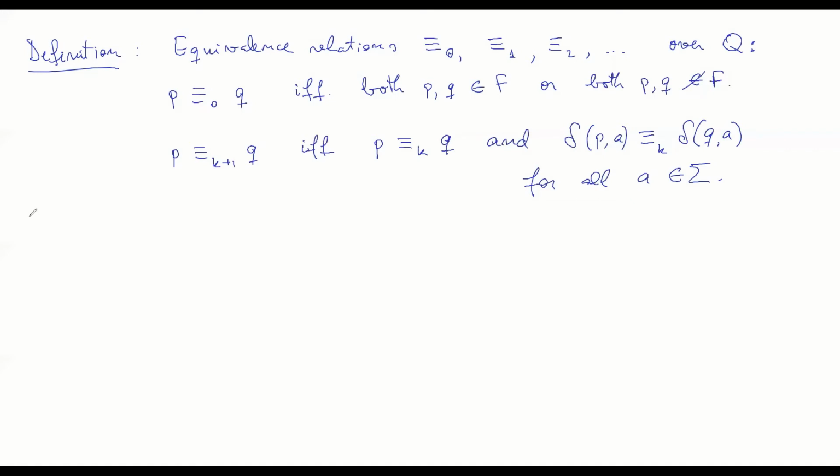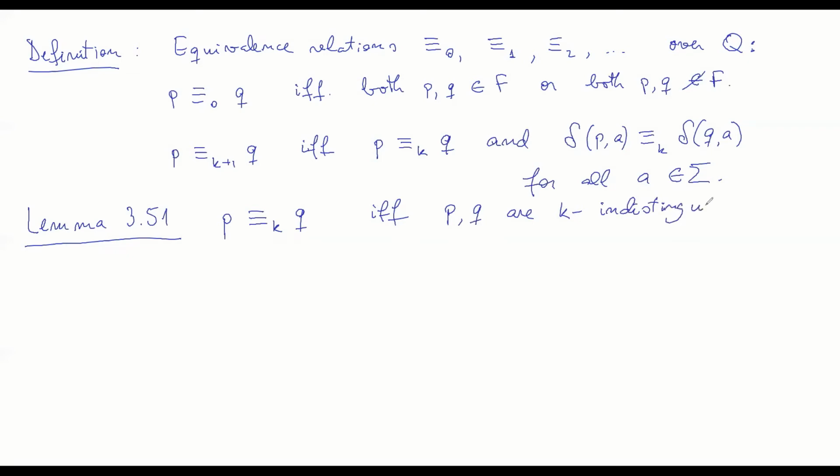And here is where I'm going back to my intuition. So this is in your lecture notes, lemma 3.51. And what this lemma says is, look, in these equivalence relations you have defined here, P is equivalent to Q in the K-th relation if and only if P and Q are K indistinguishable.